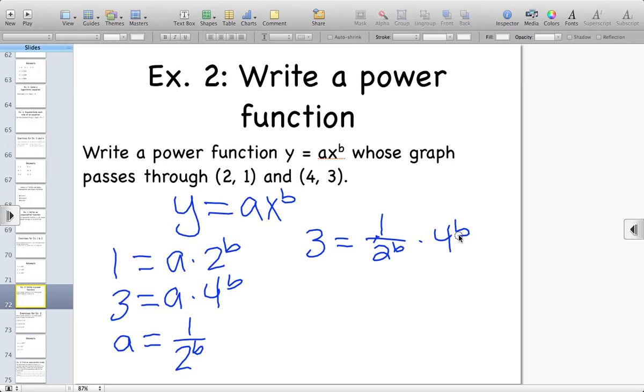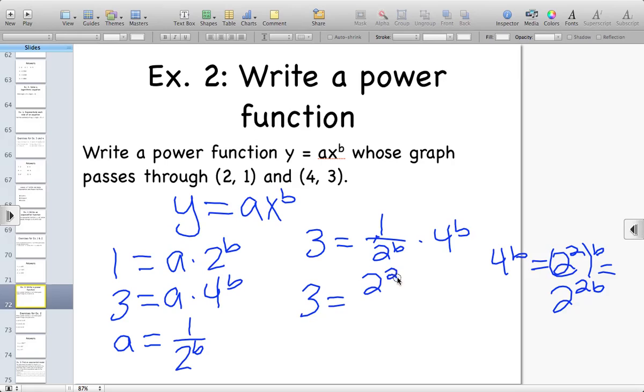So take 4 to the b power and rewrite it as 2 squared to the b power, which of course is 2 to the 2b. So 3 is equal to 2 to the 2b over 2 to the 1b. Now we have bases that are the same, so we can subtract the exponents. 2b minus 1b is 1b. So 3 is equal to 2 to the b power.